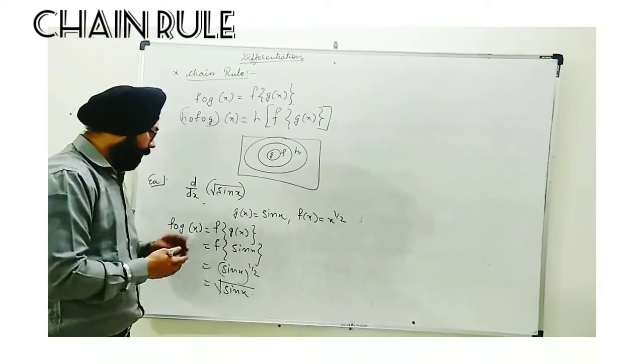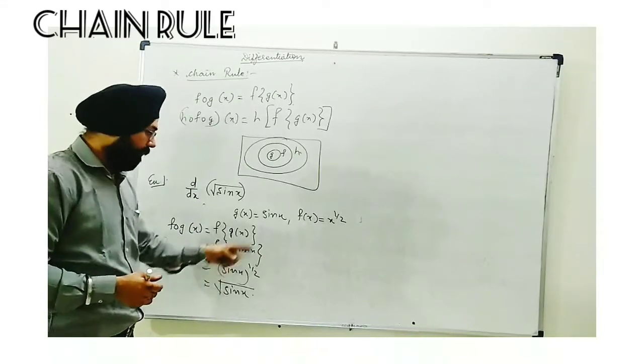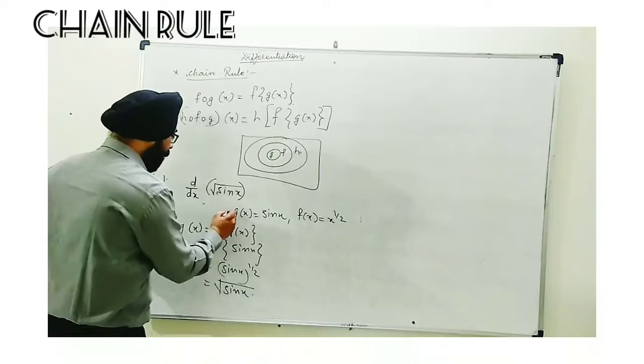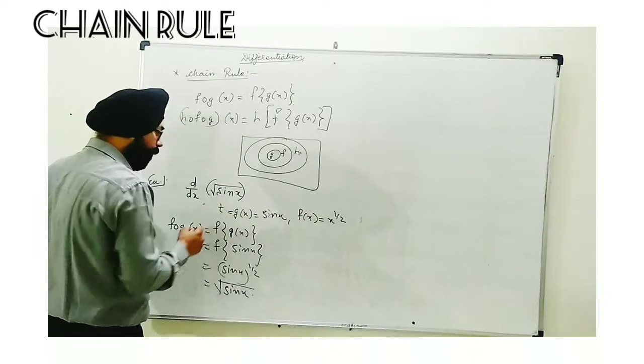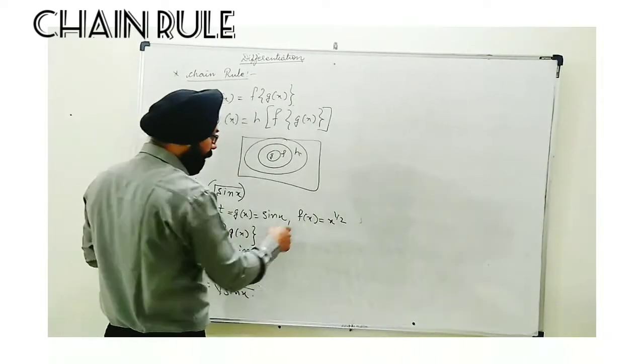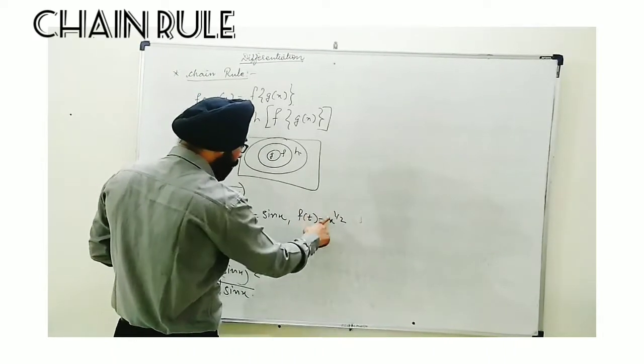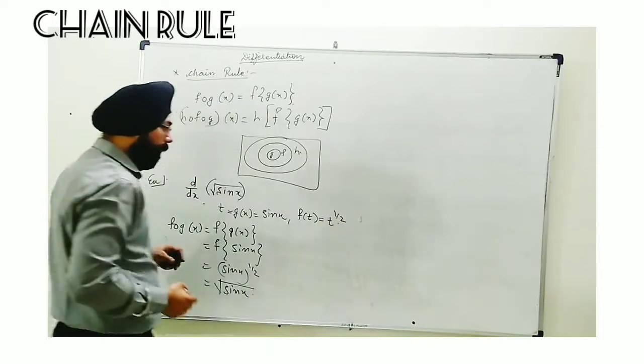In the chain rule, this core function is taken as some other variable, so this can be taken as t. And here we will write f(x) is equal to x to the power 1 by 2, so f of t is equal to t raised to the power 1 by 2.